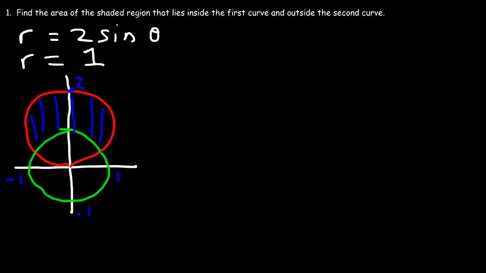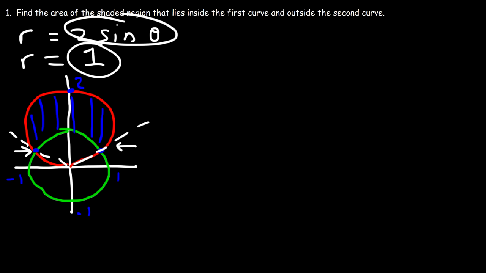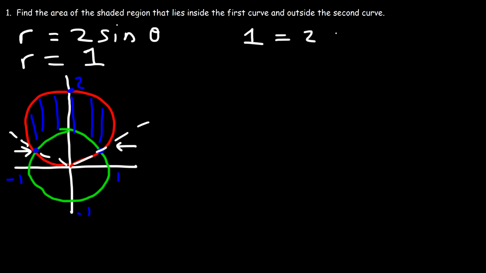First, we need to find the points of intersection. So what are the theta values that correspond to those points of intersection? How can we find it? What we need to do is set these two equations equal to each other and solve for theta. So r equals r, and therefore 1 is equal to 2 sine theta. Dividing by 2, we have 1/2 is sine theta.